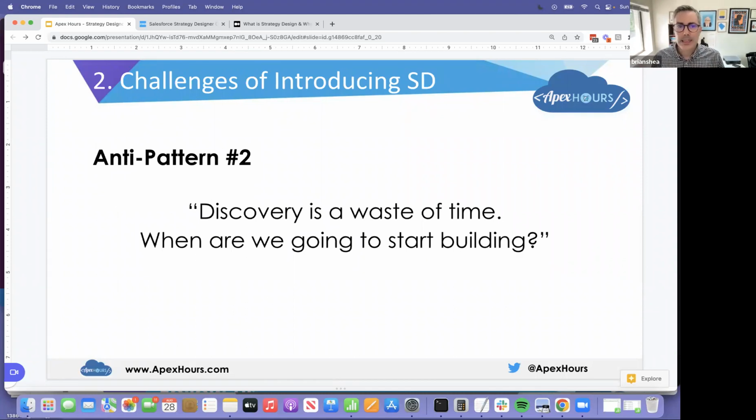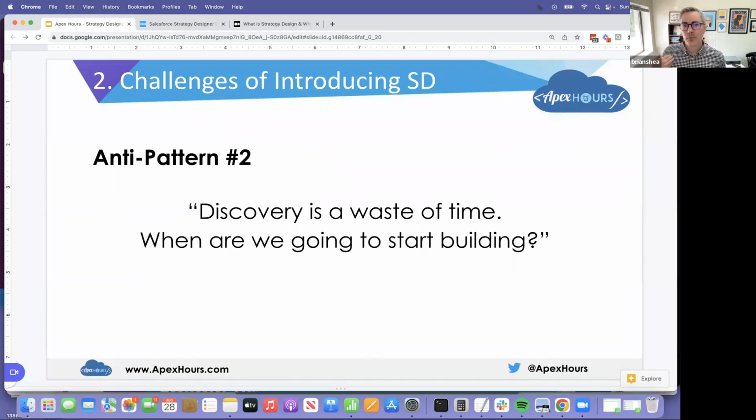Often this happens from failed projects in the past where they looked and said, oh, that analysis that we did, that discovery that we did, didn't seem to be very helpful. So now going forward, they're skeptical of it and they think, okay, we should just build faster, get rid of the discovery. When we're talking about strategy design, as we talked about yesterday, it's really all in the discovery space.